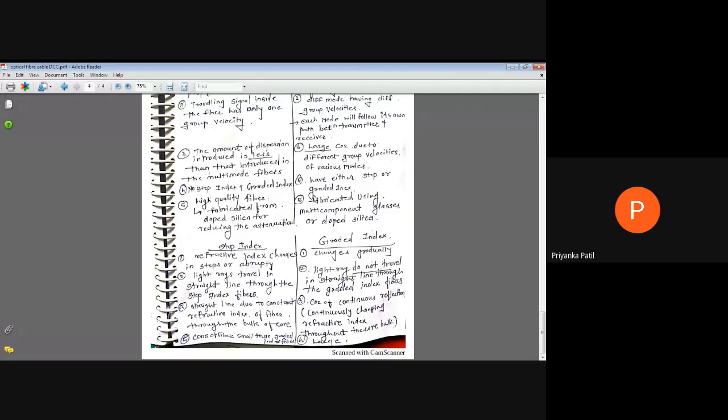The next difference is that the light rays travel in a straight line through the step index fibers. So the light follows a straight path, but in the graded index, the light does not travel with the help of a straight line path.